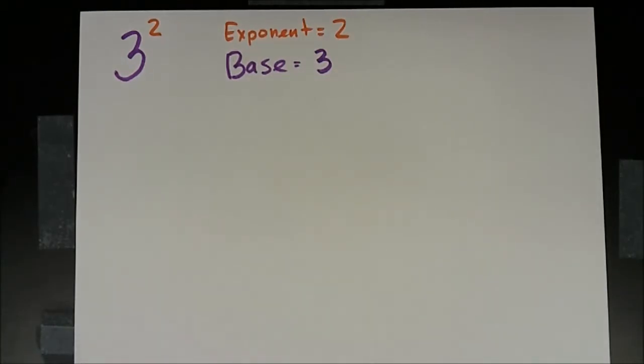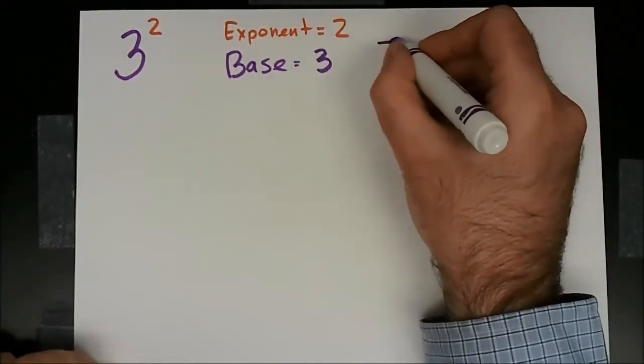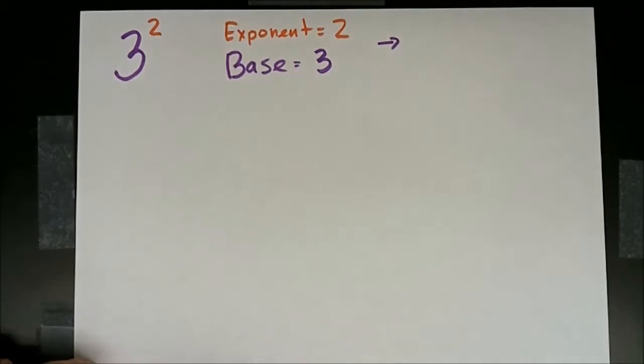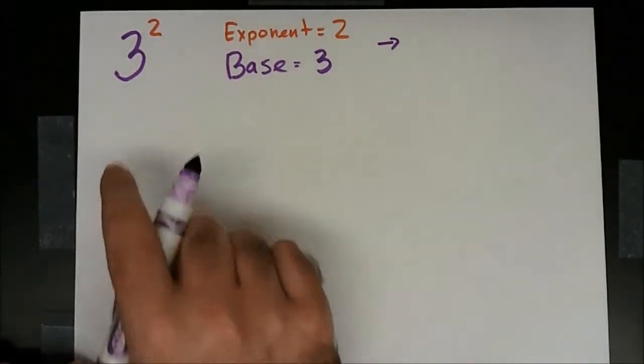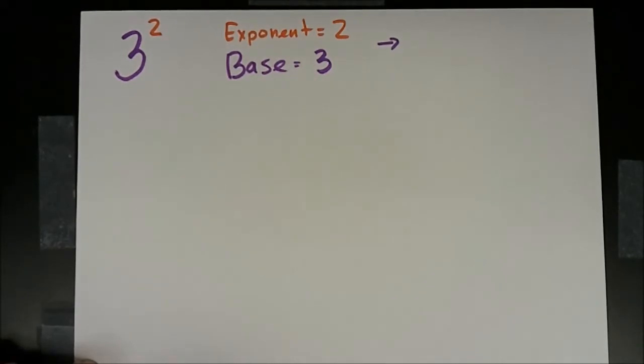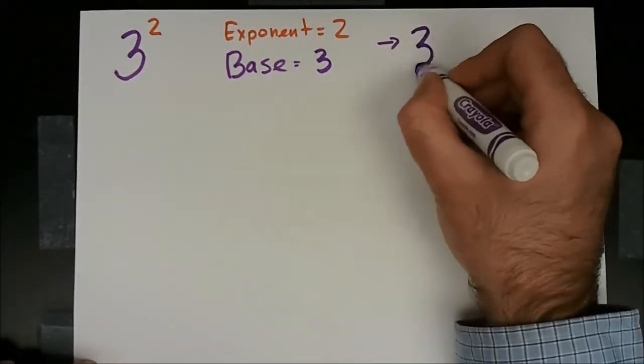Can someone tell me what does the exponent do? What does it tell me to do? How does it modify the base? If you said that the exponent tells me how many times I should multiply the base against itself, you're absolutely correct. And here I have 2 for the exponent, which means I should multiply my base, which is 3, against itself twice, just like this.